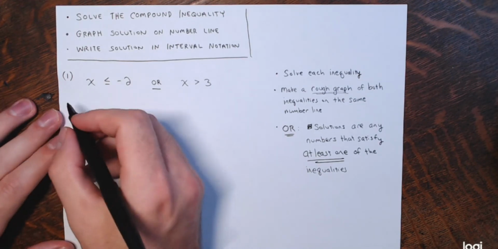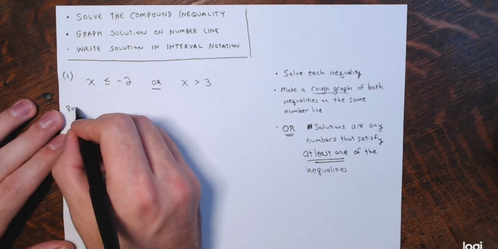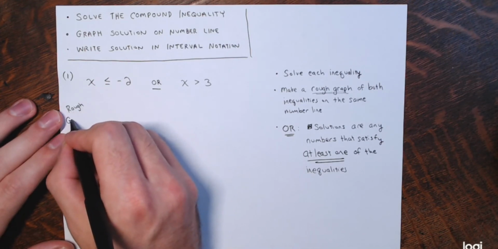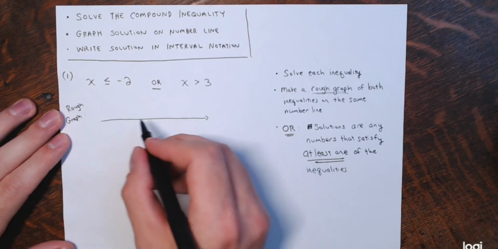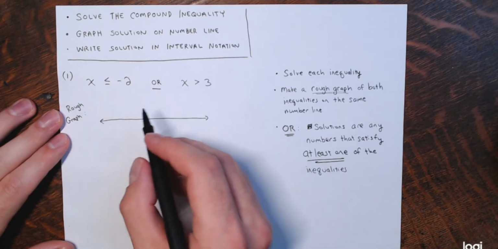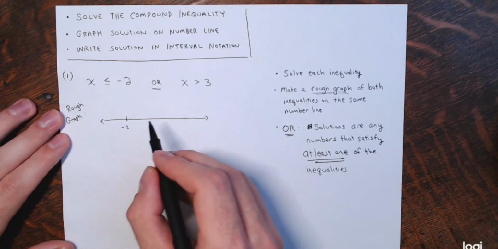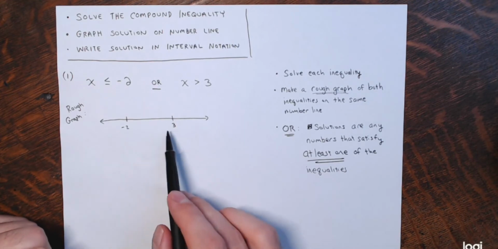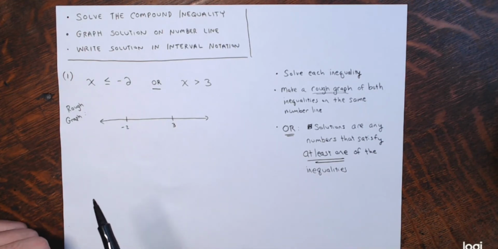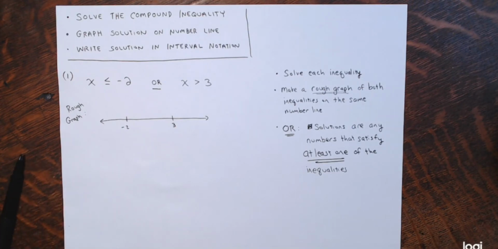The first is going to be my rough graph. So there's a number line. Now the numbers mentioned here are -2 and +3. Just make sure you're marking those off in the proper places. -2 would be to the left of +3 on the number line. And then I'll graph each of these, one on top and one on bottom.